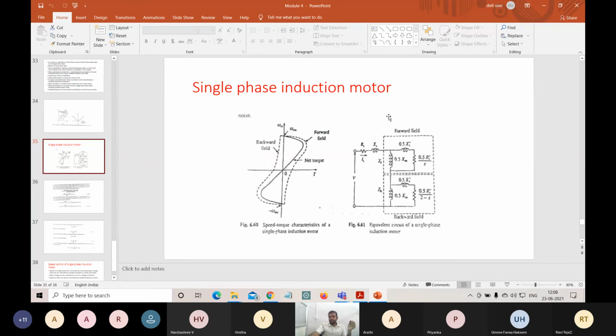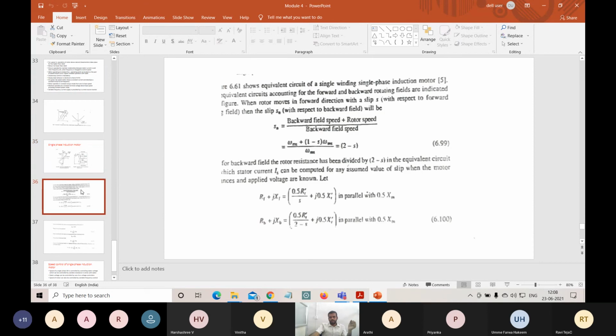Similarly here also, if you want to calculate the forward impedance, then this 0.5 XM in parallel with 0.5 XR dash plus 0.5 RR dash by S. Okay. So the same thing that I have written here, in parallel with 0.5 XM.